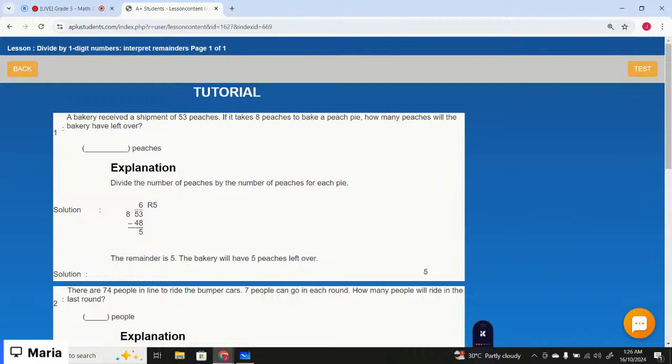A bakery received a shipment of 53 peaches. If it takes 8 peaches to bake a peach pie, how many peaches will the bakery have left over? So they have a total of 53 peaches, right?